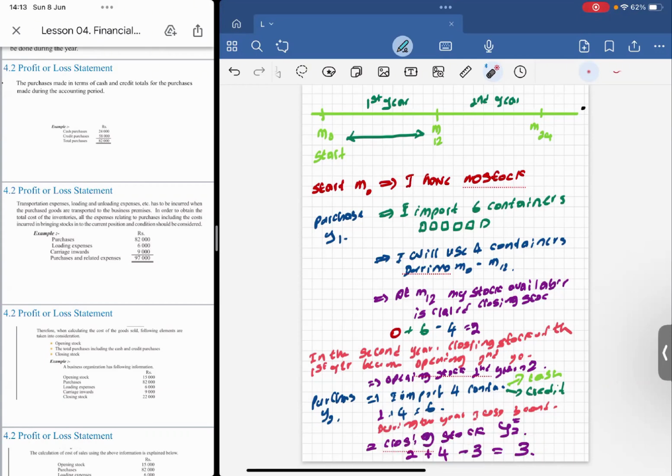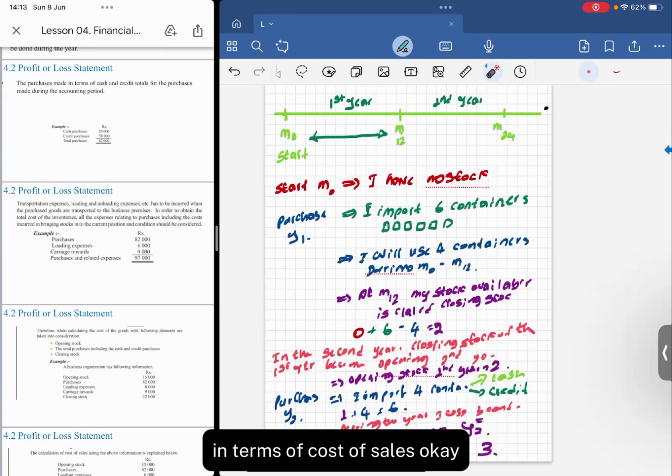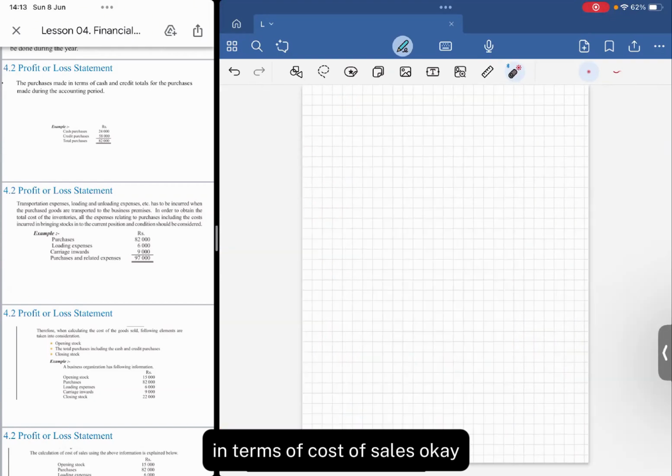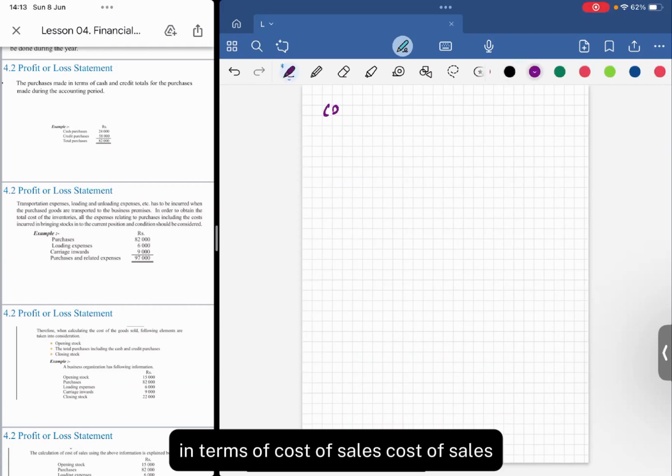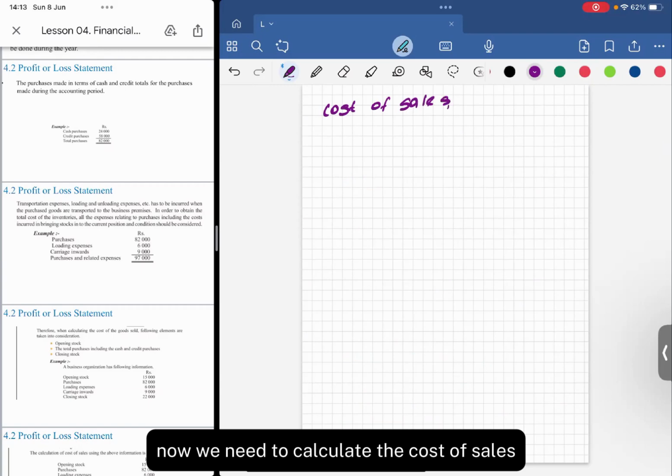Now in terms of cost of sales, we need to calculate the cost of sales.